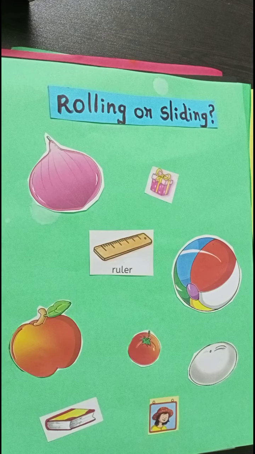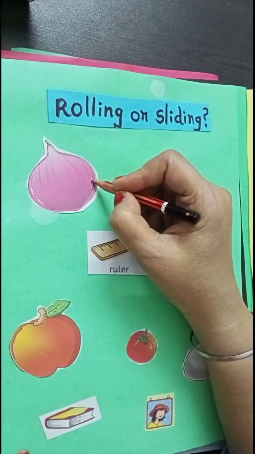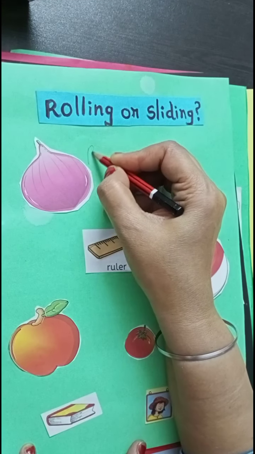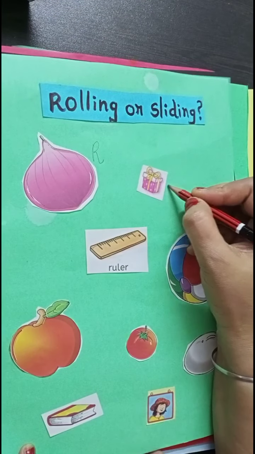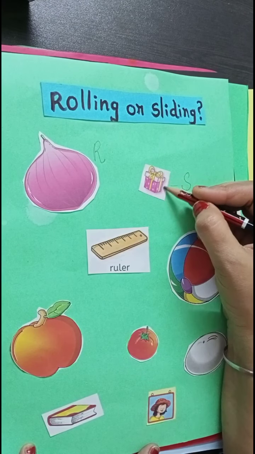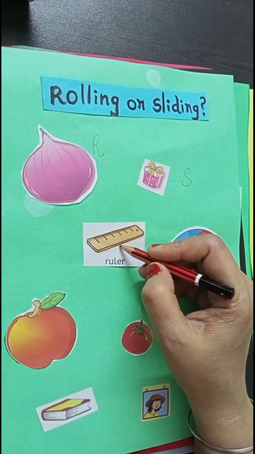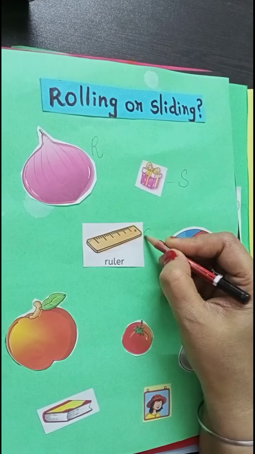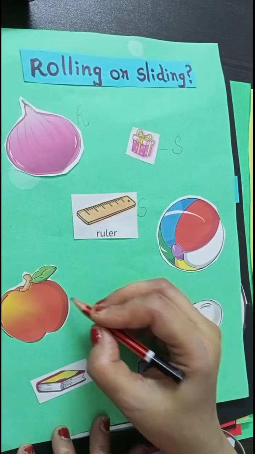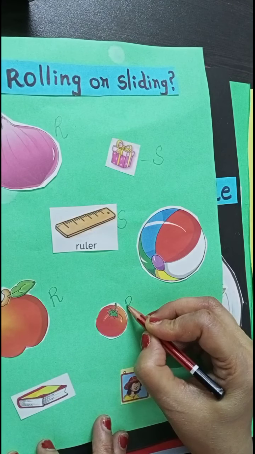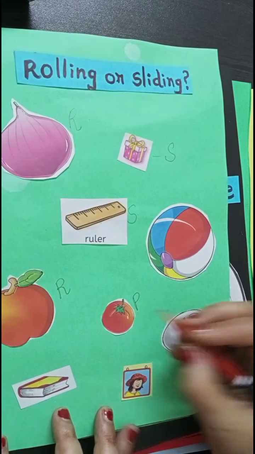See अभी इसमें से अभी सॉल्व करते हैं. Onion, rolling or sliding? Onion is rolling. Gift box will slide because it has a flat surface. Ruler आपने देखा ना स्केल को. This will slide. Apple, roll. Tomato, yes, tell me.